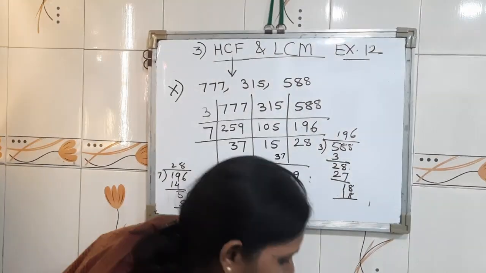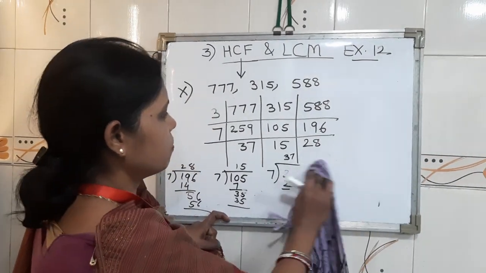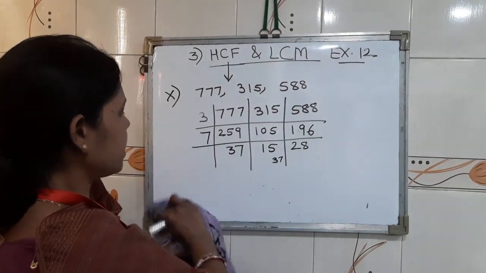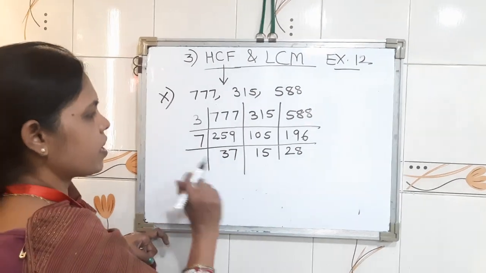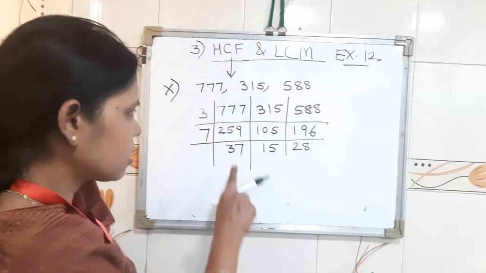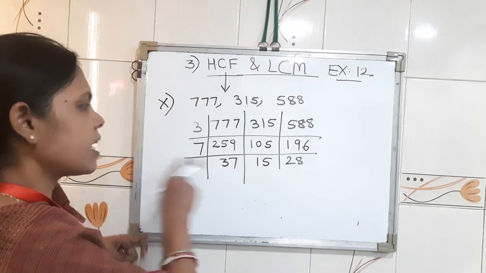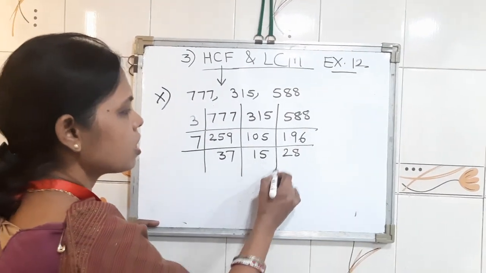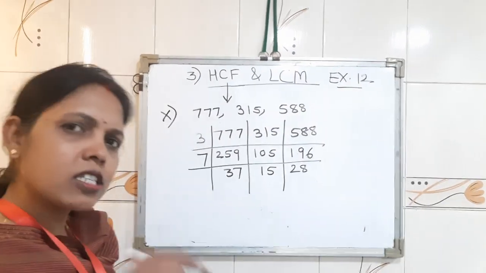So children, what will we do? First, we will do this in rough. For 7, we have 37, 15 and 28. We see that 37 itself is a prime number and will not divide by any number; it has only 1 and 37 as factors. What is the rule?